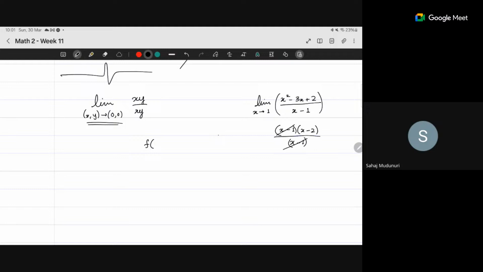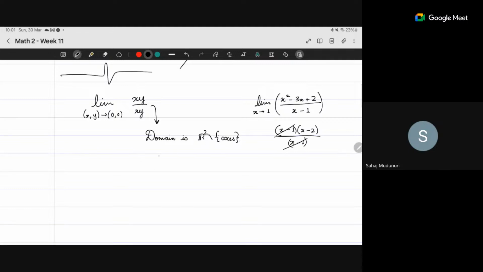Okay, so in this case, because in the definition you mentioned that all curves passing through the point must converge at that point, right? Yeah, but here the domain of this function is R2 minus the axis, right?